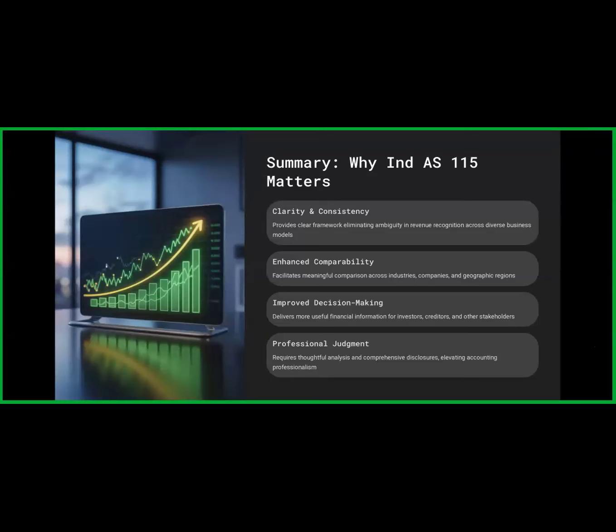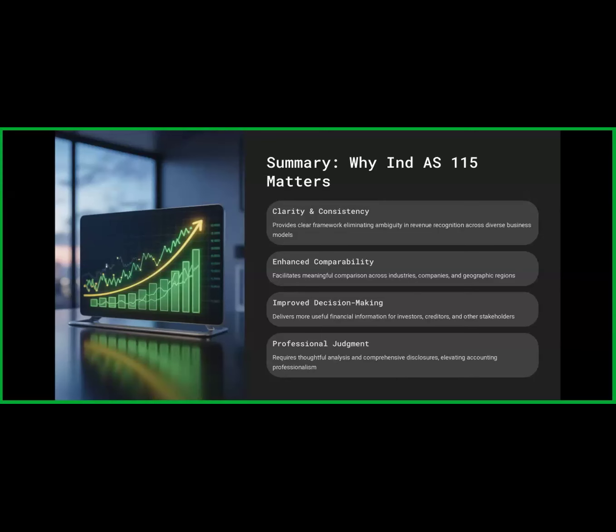Also, Ind AS 115 enhances comparability. We made Ind AS 115 on the grounds of IFRS 15, the International Financial Reporting Standard 15. So the comparability of Indian companies with foreign companies at the international level increases because of AS 115.